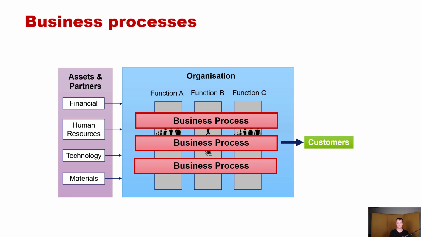And you will notice on this picture that actually the business processes themselves, they are kind of overlapping the functions. So it's not going to be limited to just the financial department, but instead it's going to be a collaboration between the financial department and the warehouse management. And possibly the legal department might even get involved, depending on the process again.